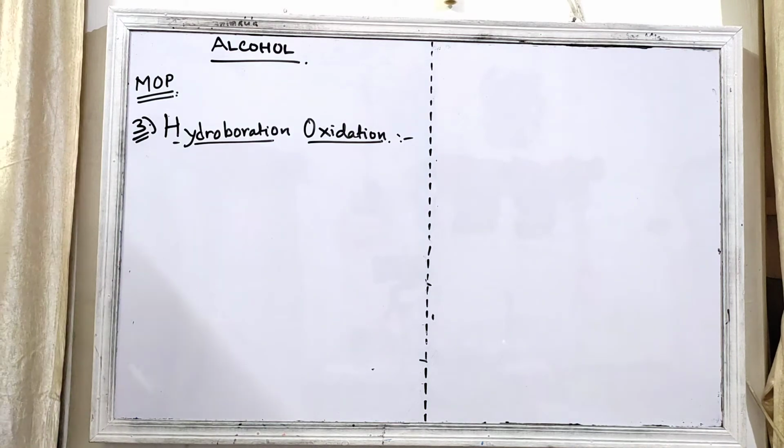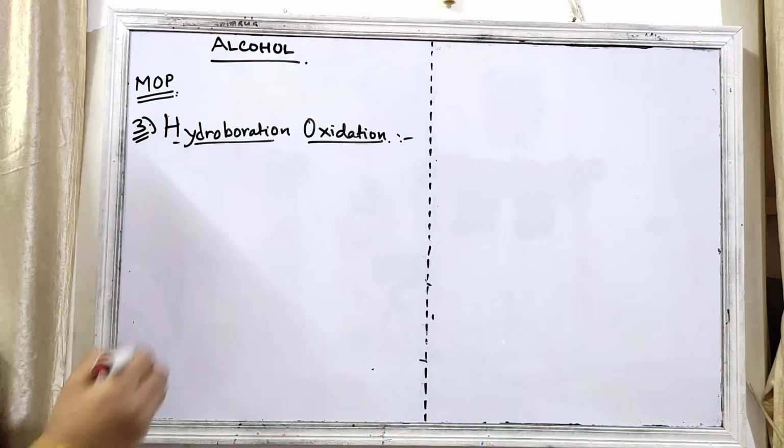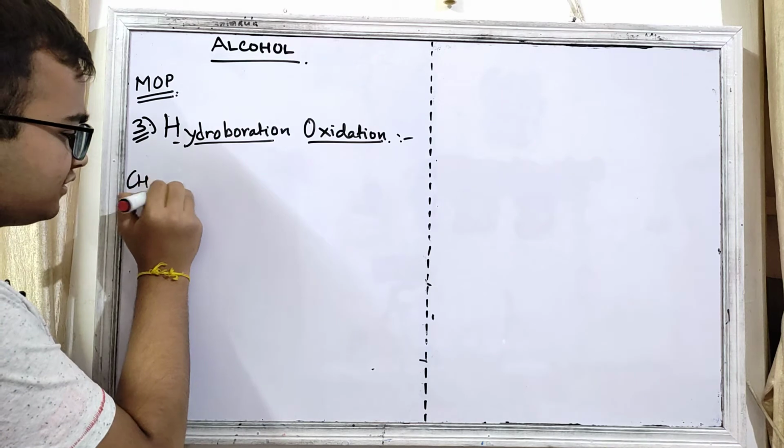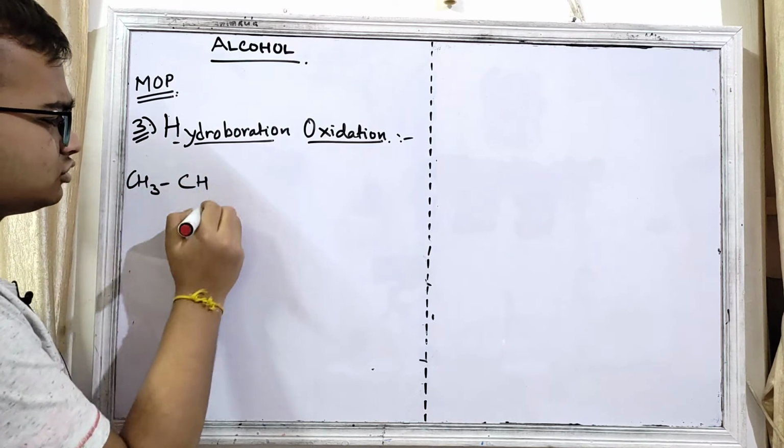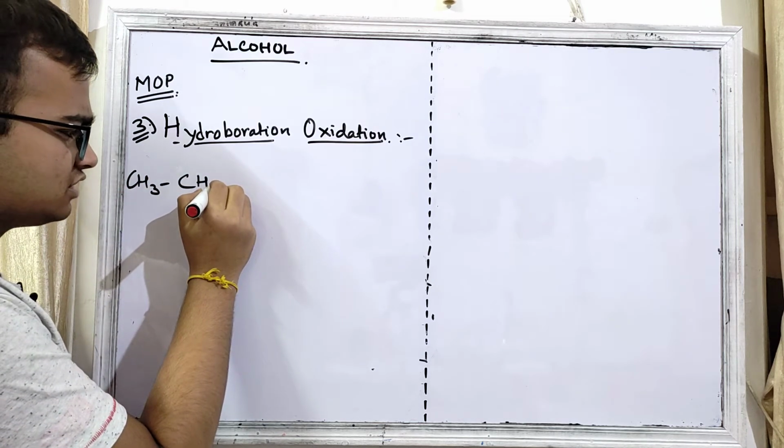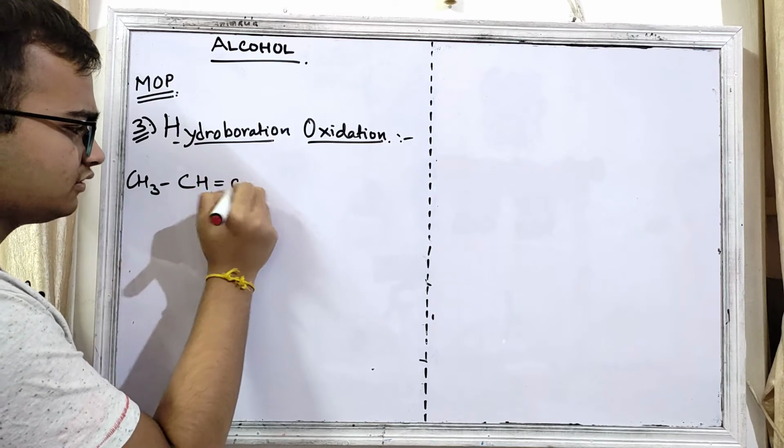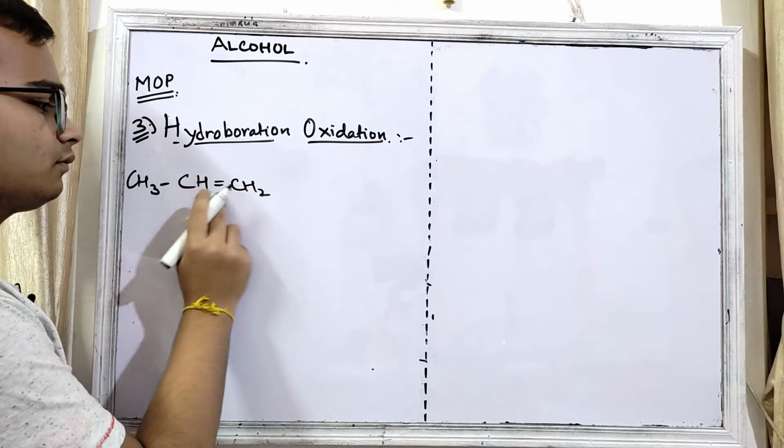So the reaction is some sort of like this. We take alkene, this is CH3 CH double bonded CH2. This is propene.